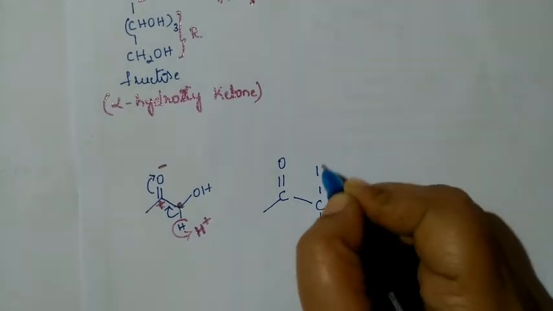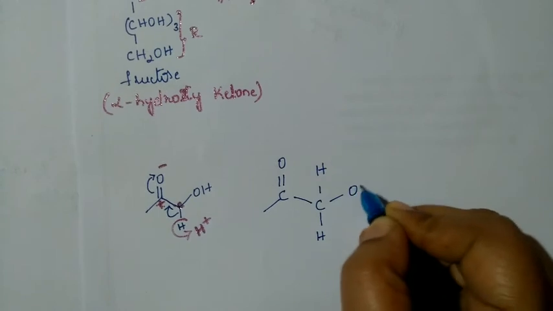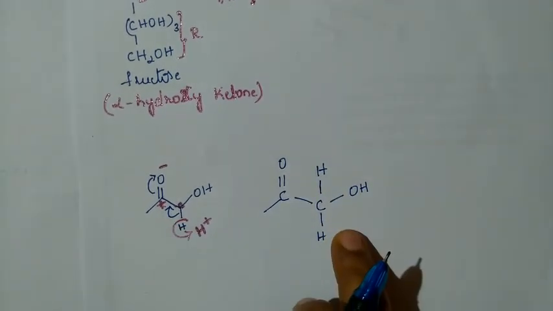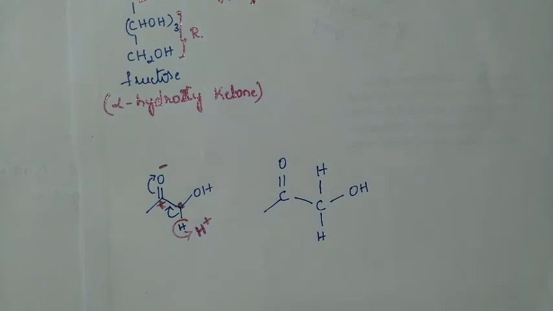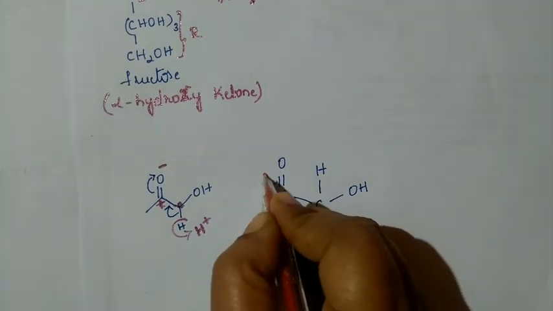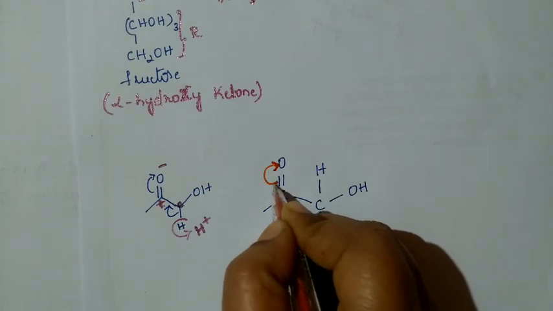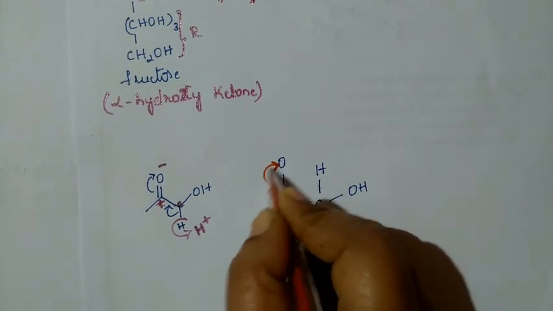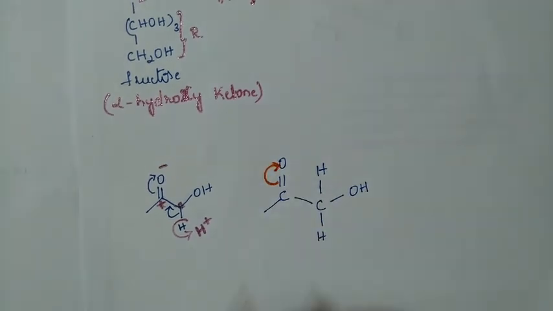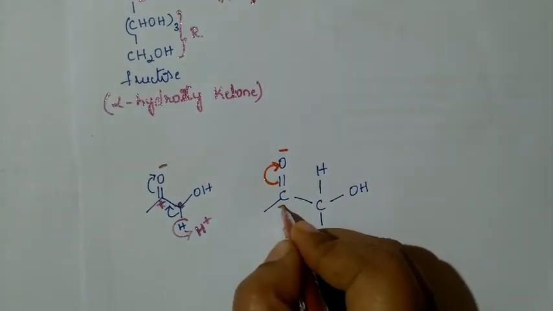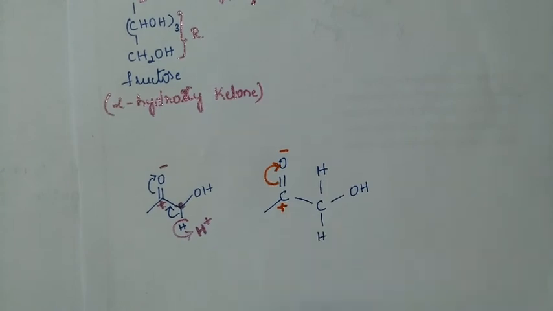It is CH2OH, and it is OH like this. The same thing I have written in this way. We have a double bond here. Oxygen is more electronegative and pulls the double bonded electrons toward its side, so they shift onto the oxygen. Oxygen gets a negative charge and this carbon gets a positive charge.